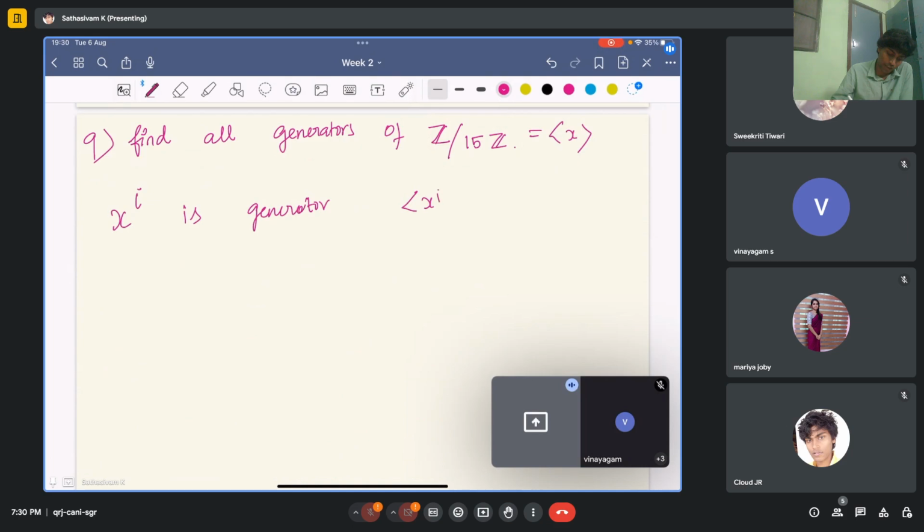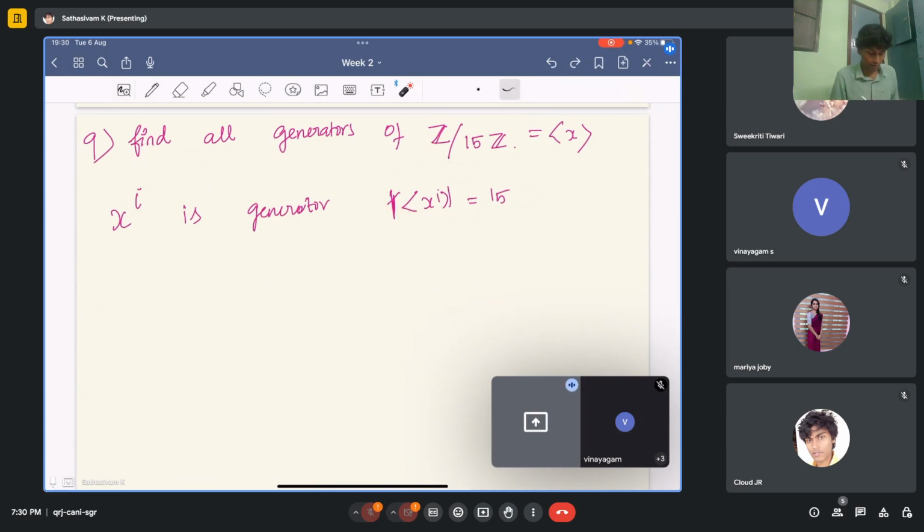The subgroup generated by x to the power i has to have order 15. If its order is 15, then it is also a generator.